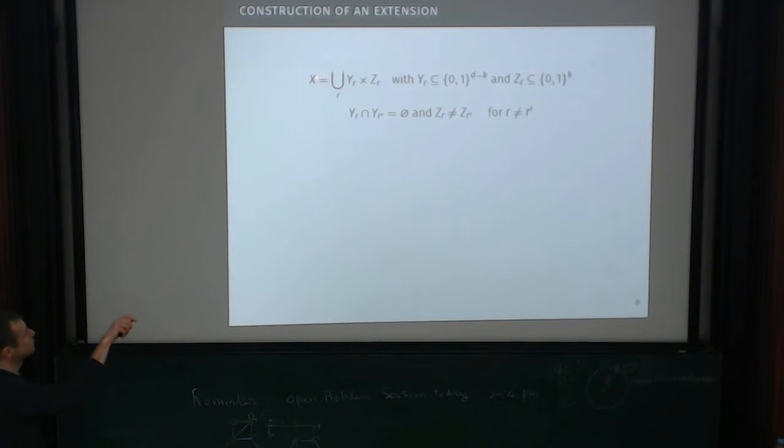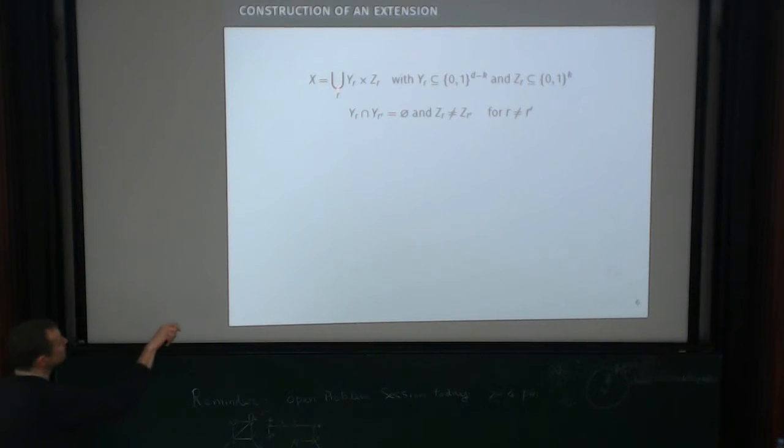We would like to come up with an extension for the convex hull of x. What we do is disjunctive programming. So we know that the extension complexity of the convex hull of this is bounded from above by the sum of 1 plus the extension complexities of the convex hulls of these sets here. This is well known. It's called disjunctive programming.